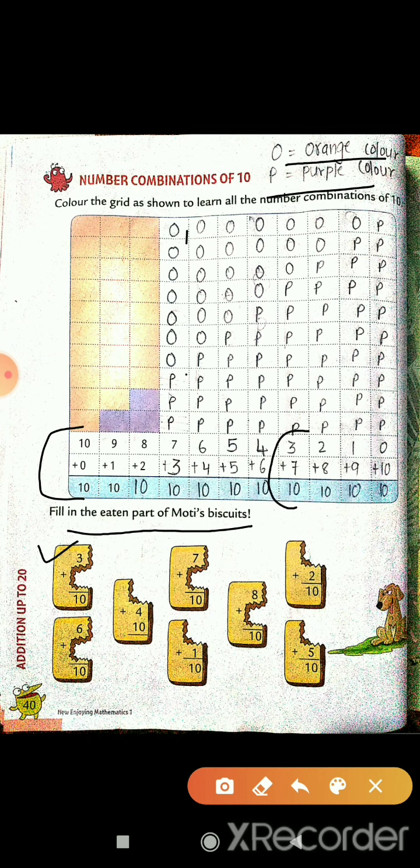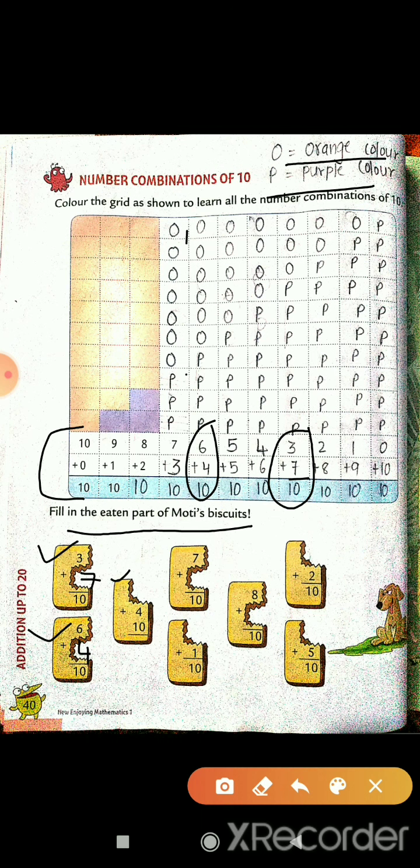So 3 plus 7 is equals to 10. So you will write here 7. Got it, students? Next, 6 plus dash is equals to 10. So 6 plus 4 is equals to 10. So you will write here 4.